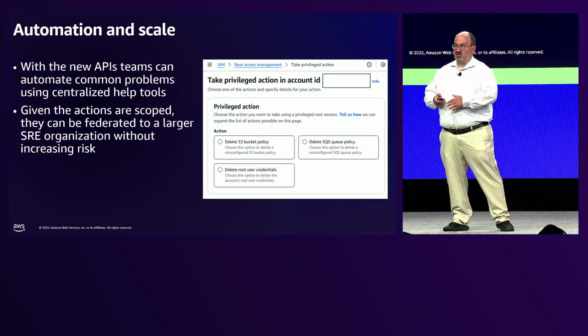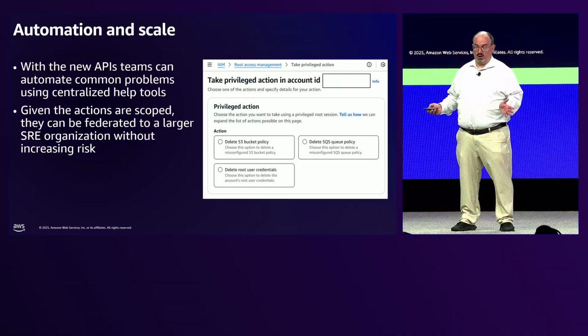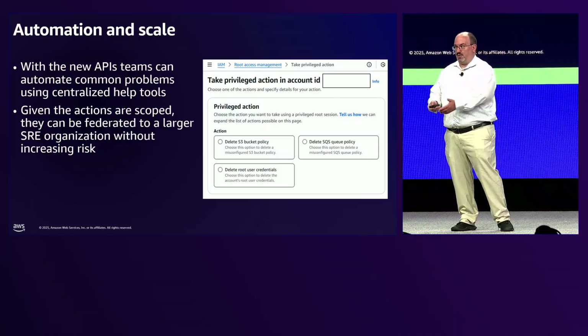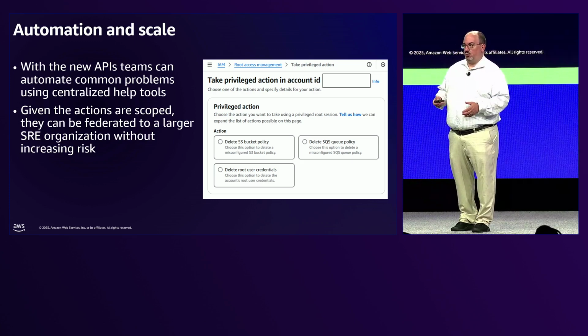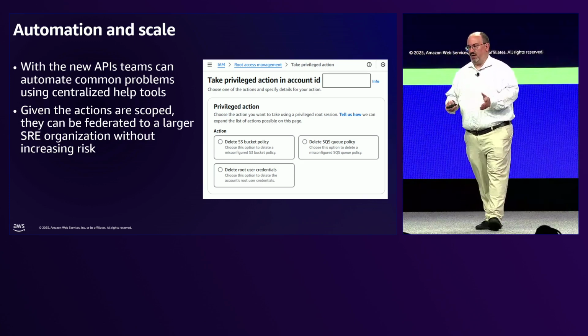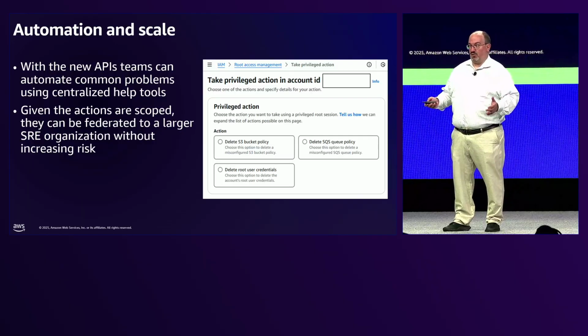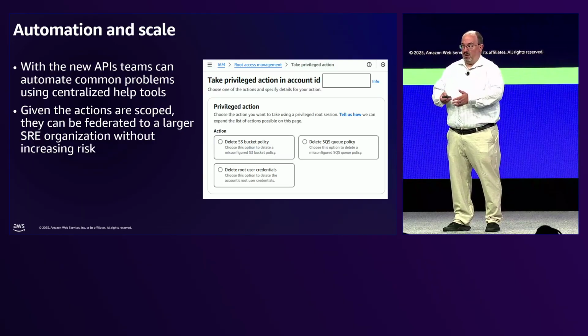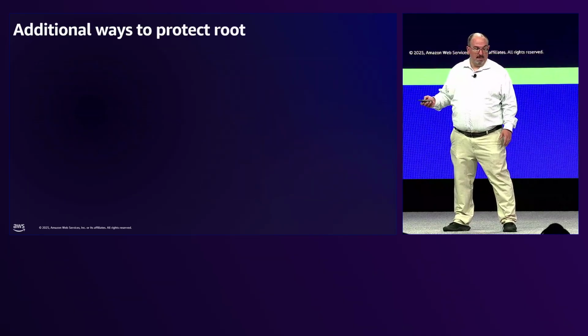It also means you can safely federate supporting root operations to larger organizations, right? Typically, due to the pain of what the root user can do, organizations tend to keep root to single sets of individuals or single groups. This allows more federation of solving those problems, so we can federate the responsibility without increasing the risk.